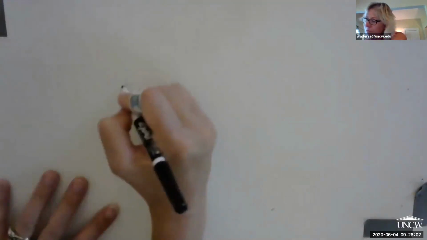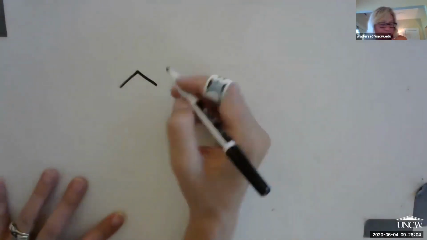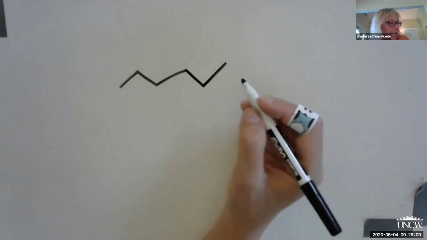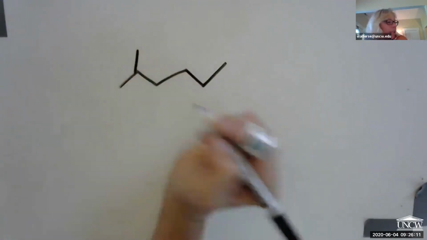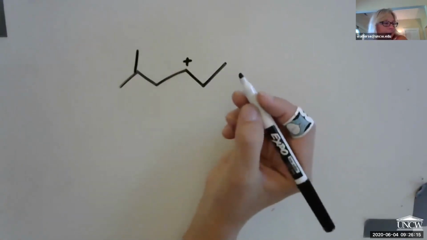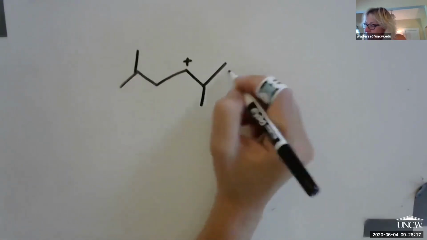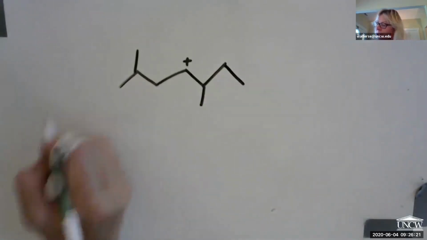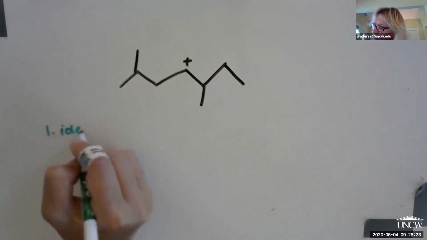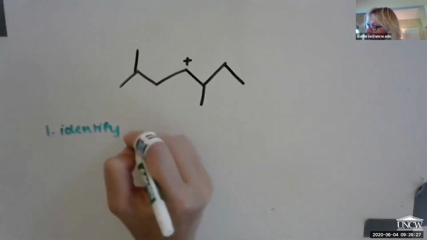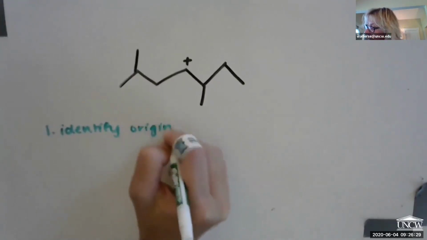So what I want you to do is identify, by primary, secondary, tertiary, the original carbocation.